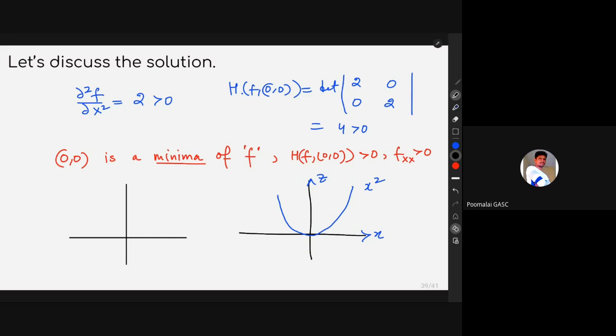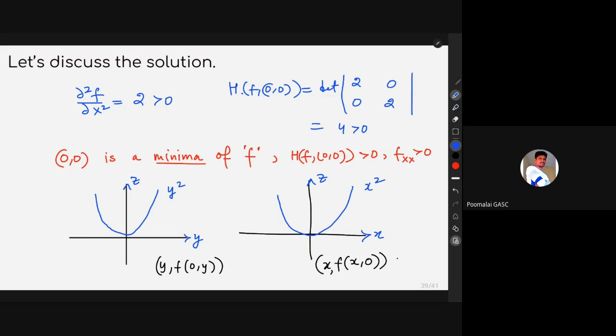So this is the graph when y is equal to 0, that means it is x comma 0 comma z. So this is the graph of the point in xz. Now I'm drawing y comma f of 0 comma y. So what will I get? I will get again y square.